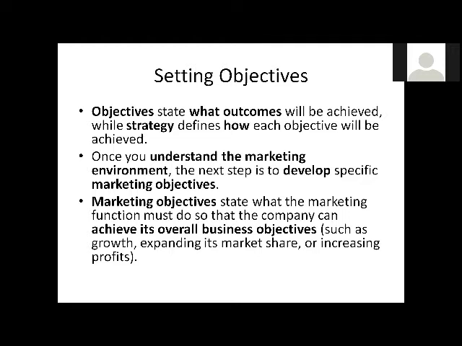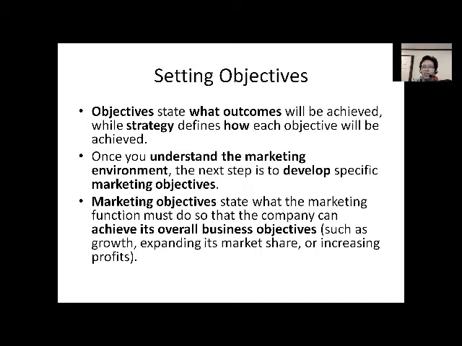If you remember in the previous class, we talked about situational analysis. We analyze where the client or the brand is currently, and then we decide what we want to do with that brand. So this is where the objectives come in.